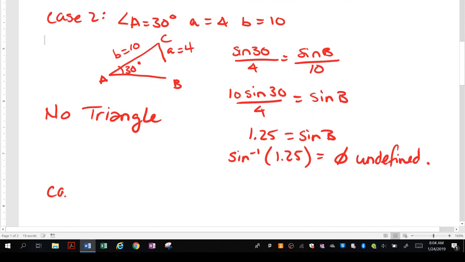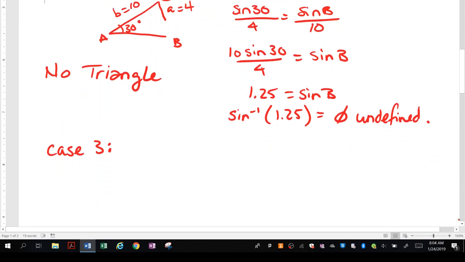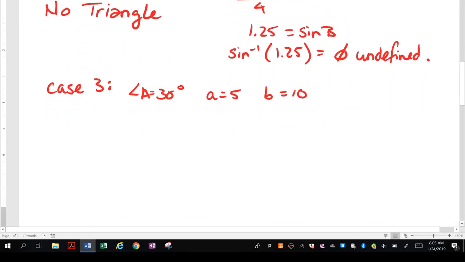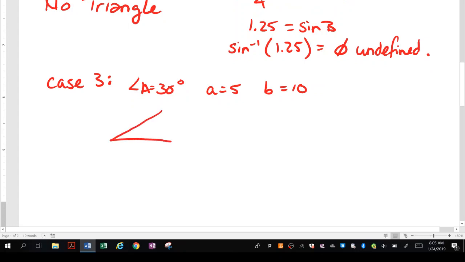Okay, case 3. Let's suppose now we have angle A, let's keep it at 30 degrees, and side A is equal to 5, side B is equal to 10. Now notice this is smaller than B, but let's take a look at what happens when we create our triangle. So this is 30 degrees, A, B, C. A is equal to 5, B is equal to 10.